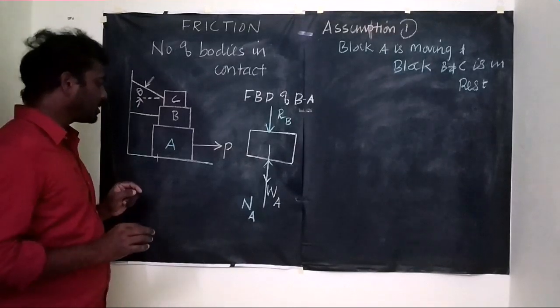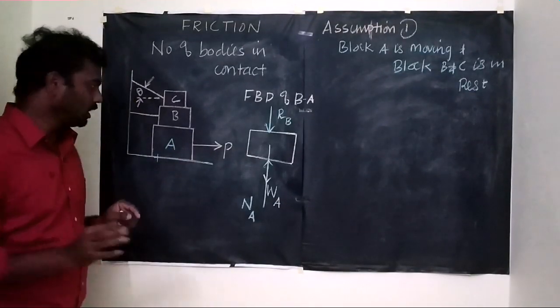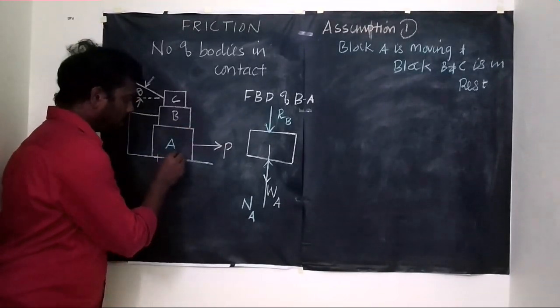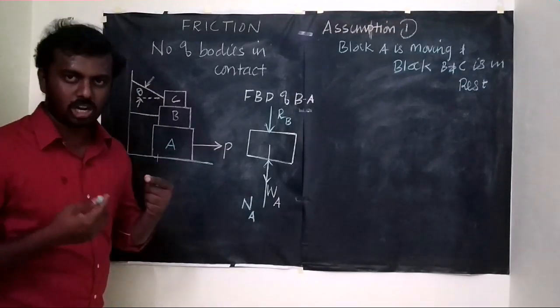At that time, friction occurs between block A and the horizontal plane, and between block B and block A. Between block A and the horizontal plane, some amount of friction is going to occur.